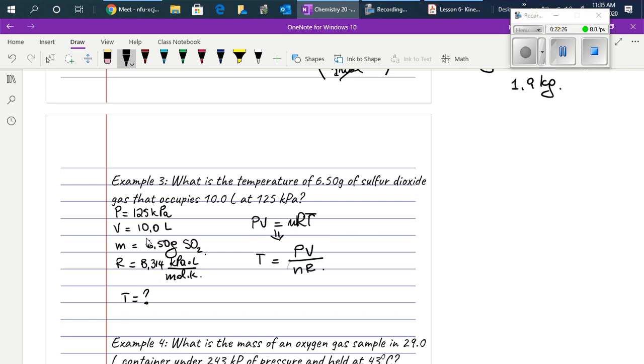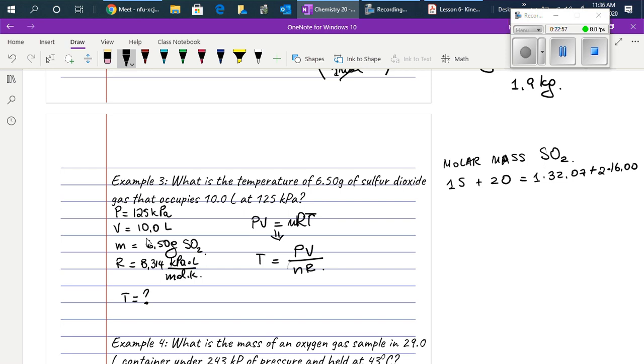However, we have the mass, and we will calculate the number of moles for sulfur dioxide. So now let's calculate the molar mass of sulfur dioxide. We have 1 sulfur and 2 oxygen, and 1 sulfur is 1 times 32.07 plus 2 times 16.